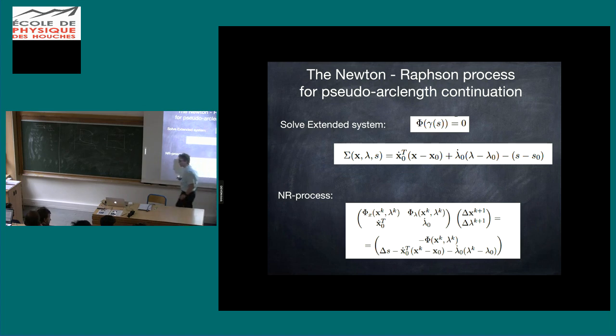This is the generalization of the Newton-Raphson process for this million-dimensional system. You can forget about this formulation, but you have to solve large linear systems of equations for this delta x and delta lambda, and you have to do that a few times in the Newton-Raphson iteration process.